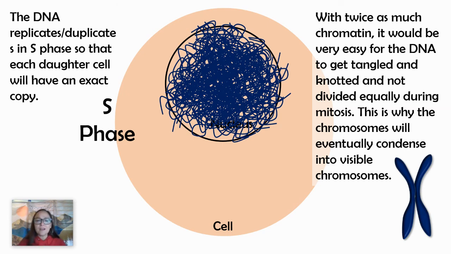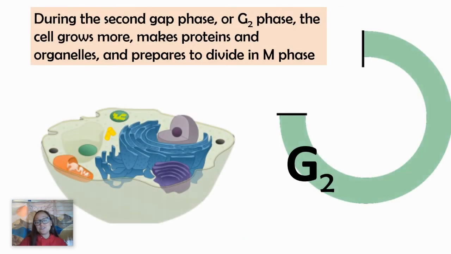But in reality, our DNA most of the time looks like this bowl of noodles. It looks like chromatin. It's only when the cell goes to divide that you actually see this X shape in M phase.